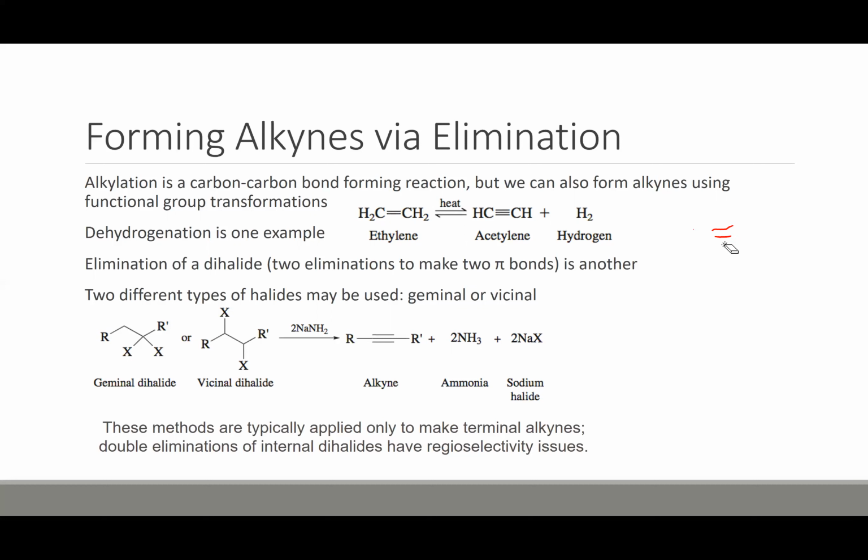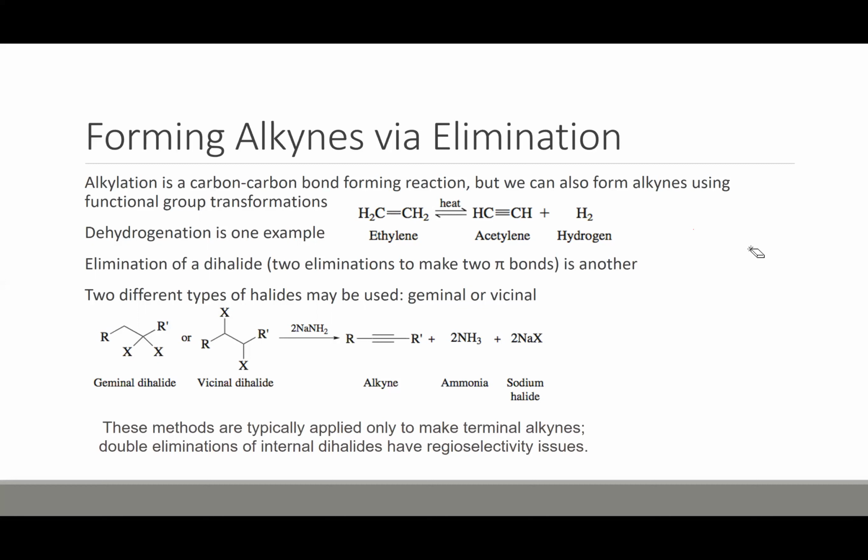So this is the simplest version of an elimination reaction to form a triple bond. Dehydrogenation, just like normal dehydrogenation to form a double bond, is expensive because it also requires a catalyst to do this type of reaction.